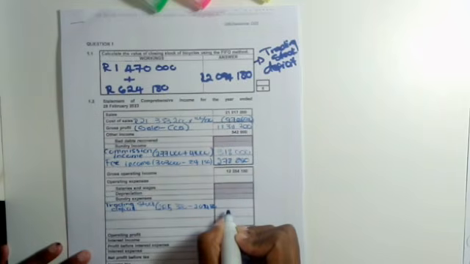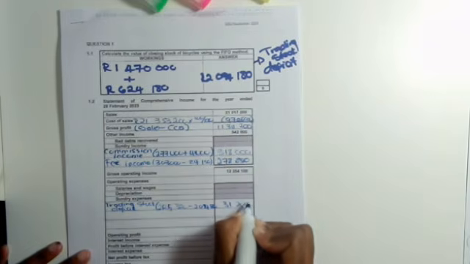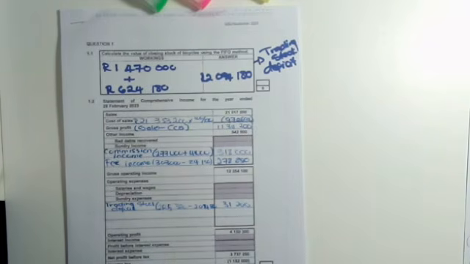And that will give us a total trading stock deficit of 31,200.